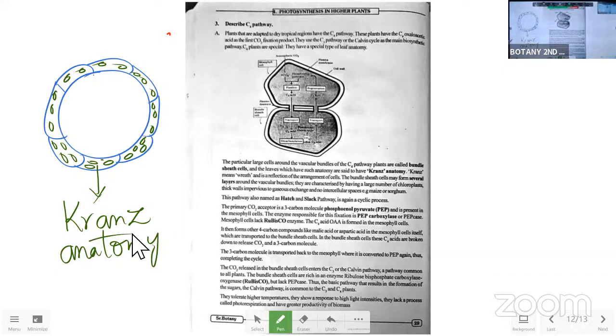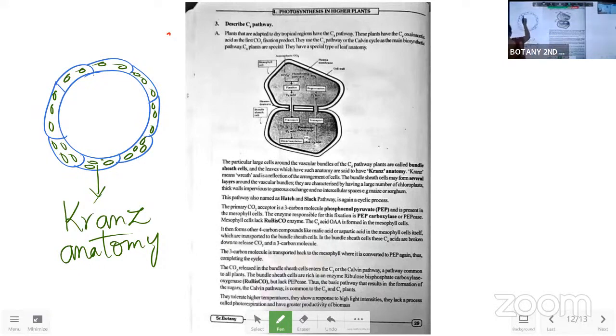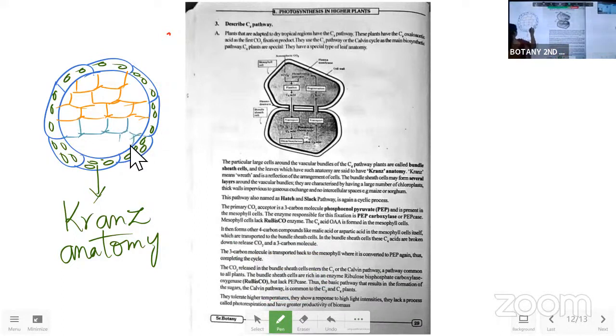So the C4 cycle we need to explain, and the Kranz anatomy we need to explain. We need to draw, then we have to wind up this. Inside these bundle sheath cells, we have to draw the xylem and the phloem, because the bundle sheath, that means the vascular bundle, should not be kept empty at any cost. This is the xylem.